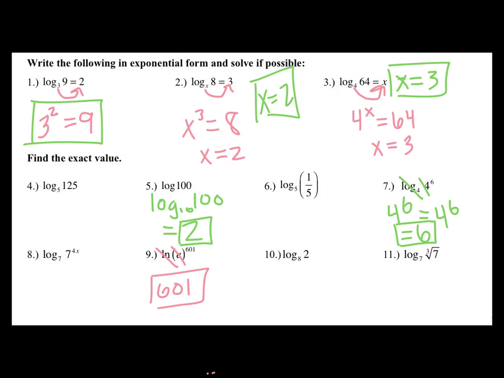And I'll do 10 and 11 with you guys, and you guys can try 4, 6, and 8. So number 10, okay, 8 to what power equals 2? Okay, well, we're not going from a smaller value or a whole value to a fraction or vice versa, a fraction to a whole number.